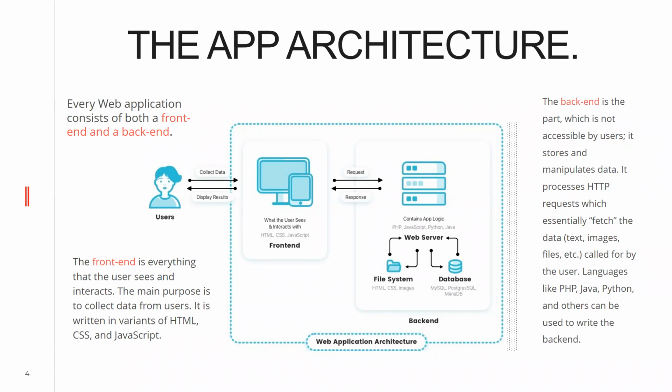Your front end is where you, as a user, interact. Whenever you are filling a form or doing a search, you are interacting with the front end, which is built with front end technologies like HTML, CSS, JavaScript, or Angular, whatever we talked about.